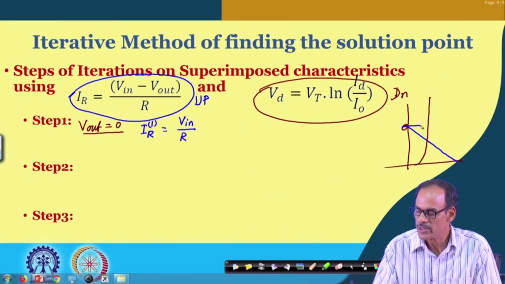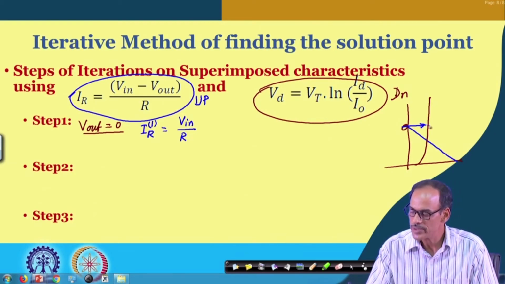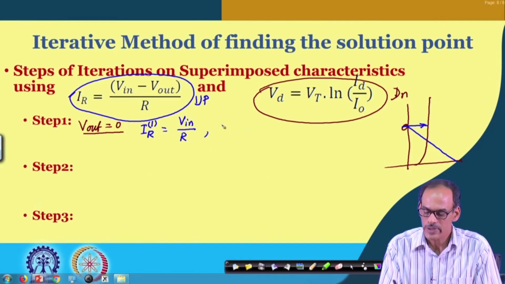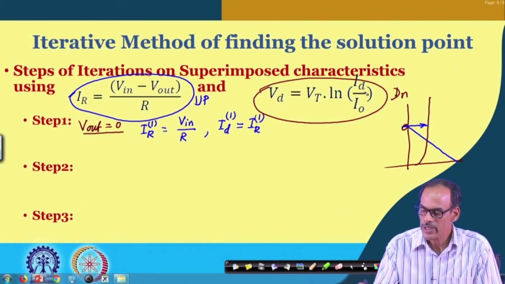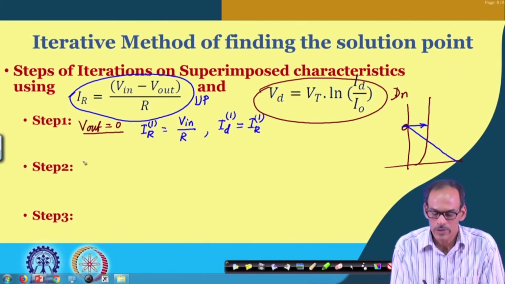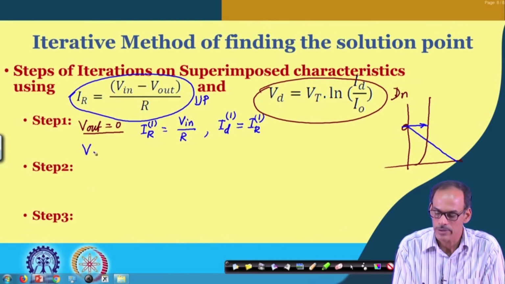So, this is this level called I r 1, and then while moving horizontally, we are saying that the diode characteristic curve after this iteration is nothing but this I r 1, and then once you get this I d, you can find the corresponding V d.